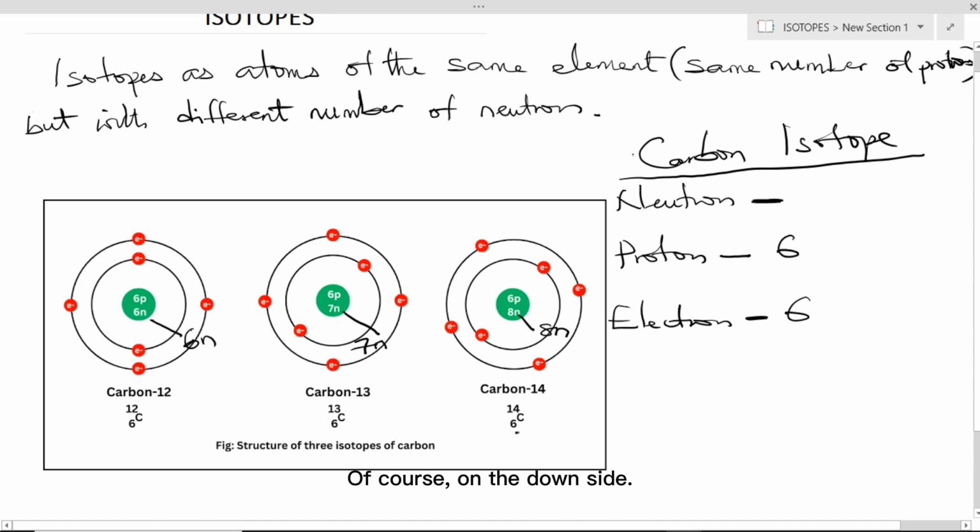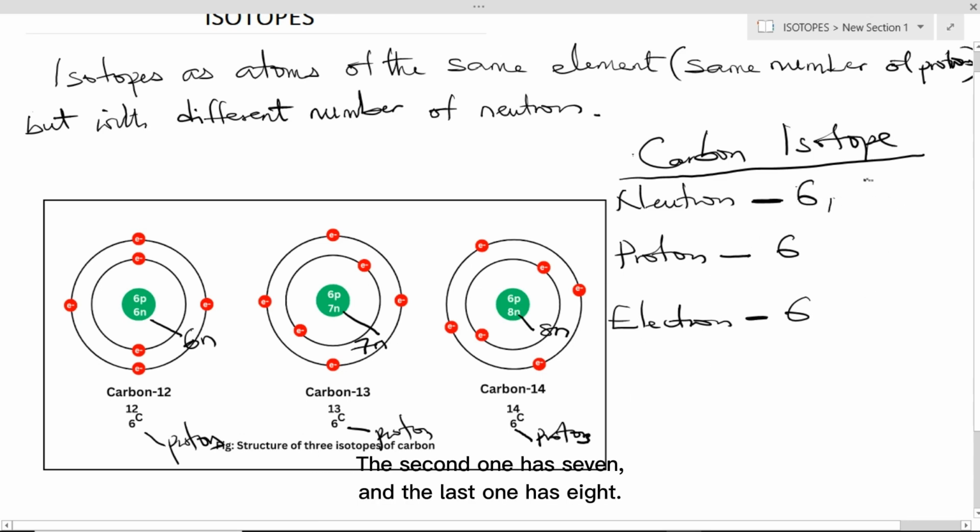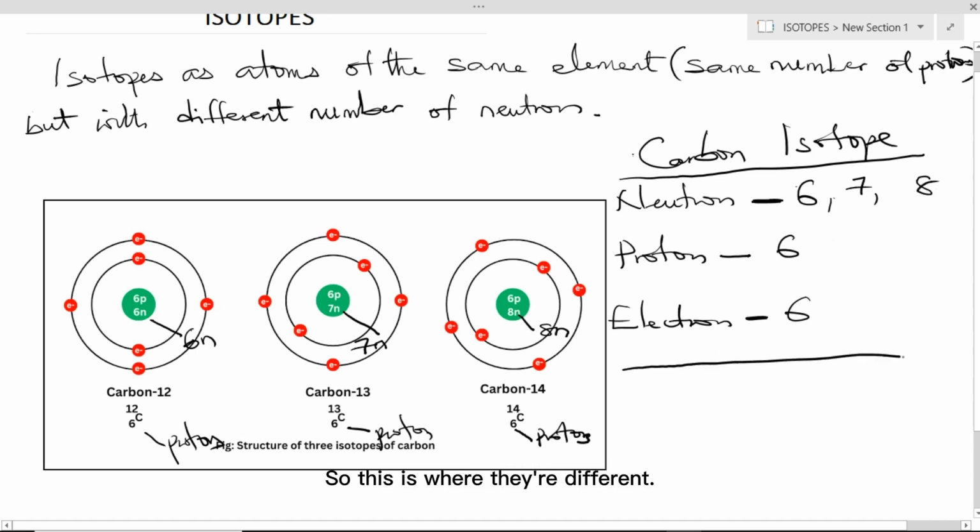Of course, on the downside, this is the proton count, which is 6, and then this is 6 protons. So the first one has 6 neutrons, the second one has 7, and the last one has 8. So this is where they are different.